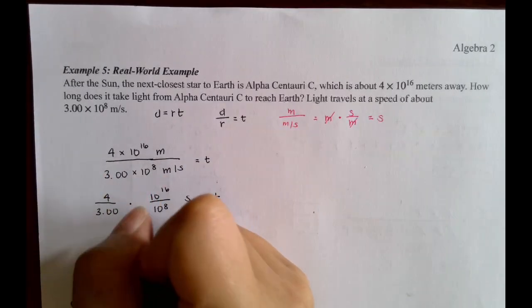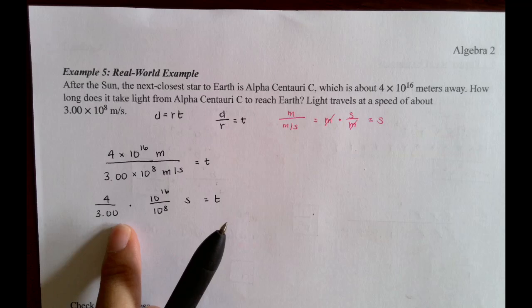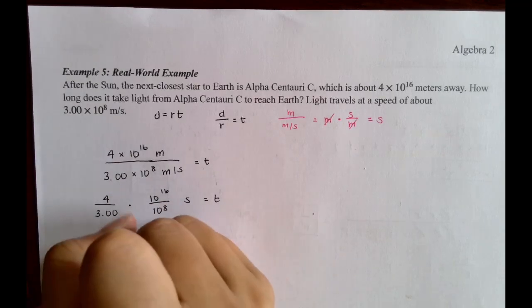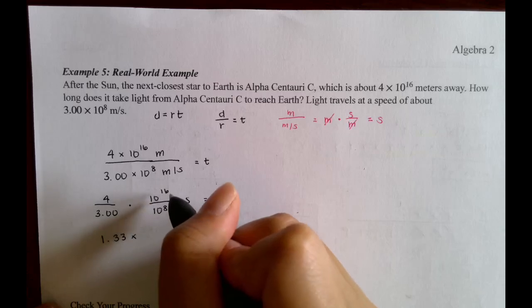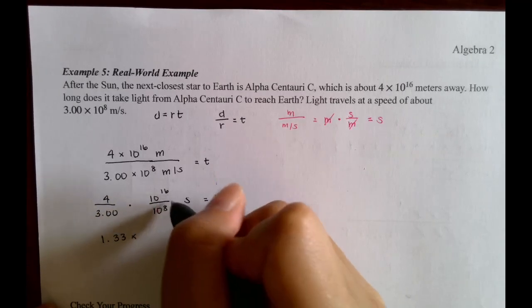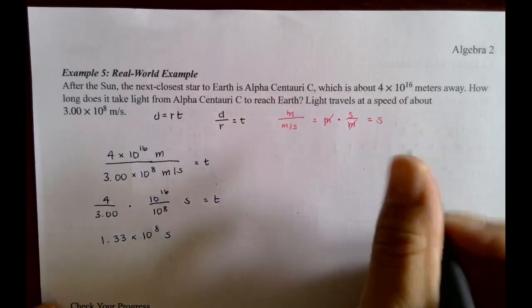Okay. So 4 divided by 3 is 1.33333333. We're just going to keep it to 2 decimal places here, so we're going to leave it as 1.33. Right. Here, since it's the quotient rule, 16 minus 8 is 8, so this will be 10 to the 8 seconds. Okay.